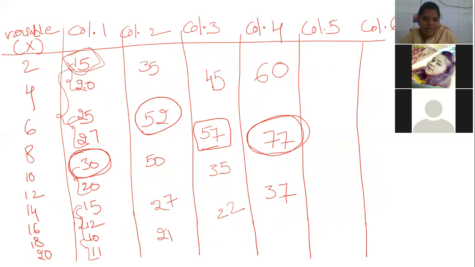You have to add 20 plus 25 plus 27. 7 plus 5, 12, that is 72. Then 30, 20, 15. 3 plus 2, 5 plus 1, 6. Right? Then 12, 10, 11. 2 plus 1, 3. 33, ma'am. Okay. So just mark the highest frequency number.